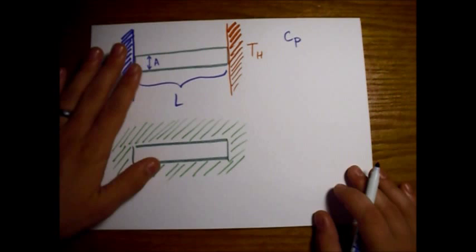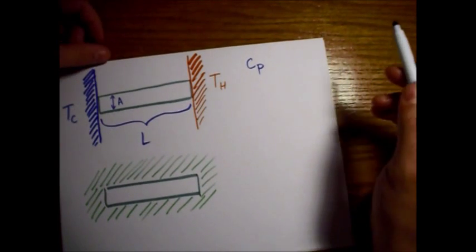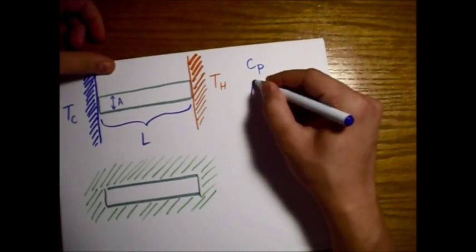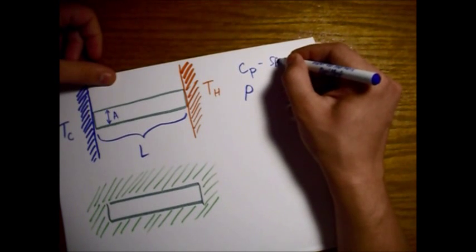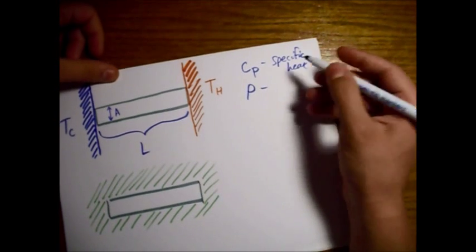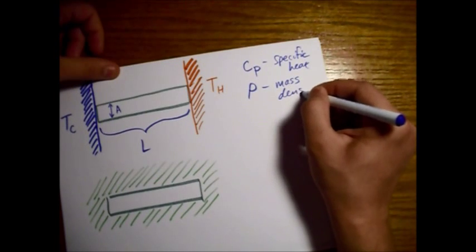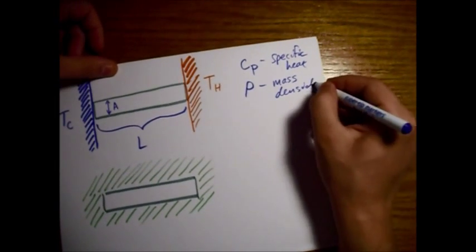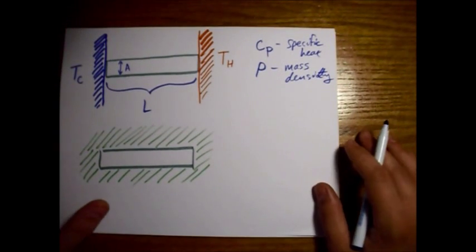This is a constant pressure process, by the way, so that's important. And I think we also would need to know the mass density. So, specific heat and mass density. That's a T. Okay.